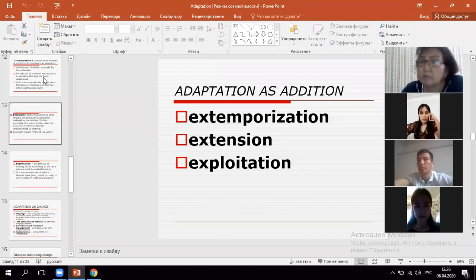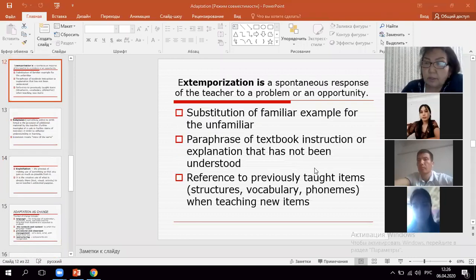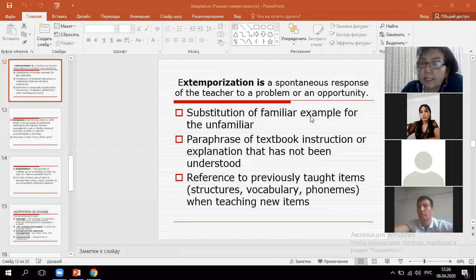So what is extemporization? This is a spontaneous response of the teacher to a problem or an opportunity. Spontaneous response. In what case do we usually use extemporization? For example, as the first form, substitution of familiar examples for the unfamiliar.